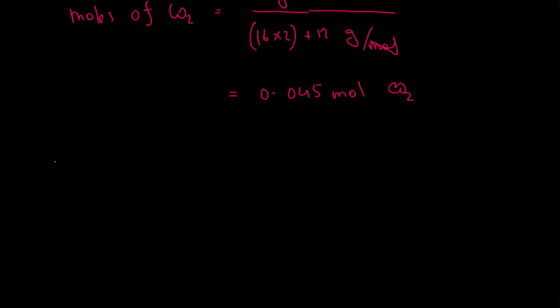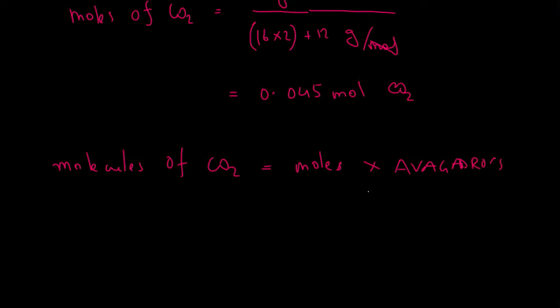Once you know the moles of CO2, you can find the number of molecules of CO2. So molecules of CO2 is going to be the number of moles times the Avogadro's number. So the moles is 0.045 times the Avogadro's number.